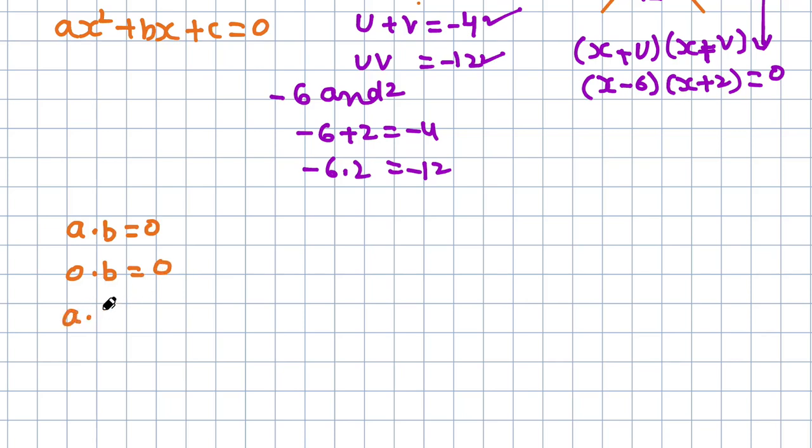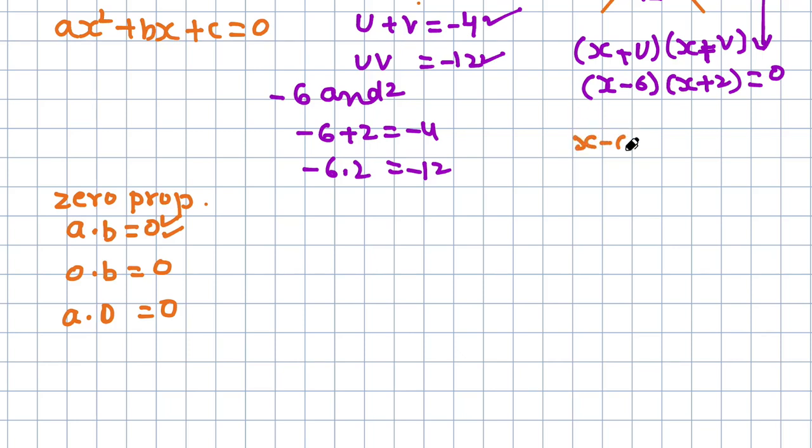Or if you keep a as it is but b as 0, even then the result will be 0. So that means if a product is equal to 0, then either a or b is 0. That is known as the zero property, right? Now we are going to apply that zero property because it's equal to 0.